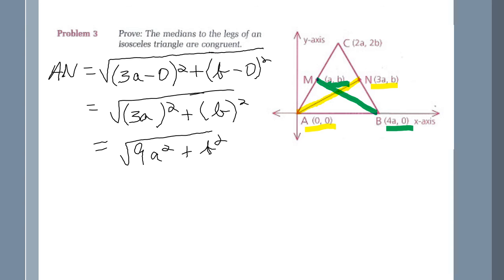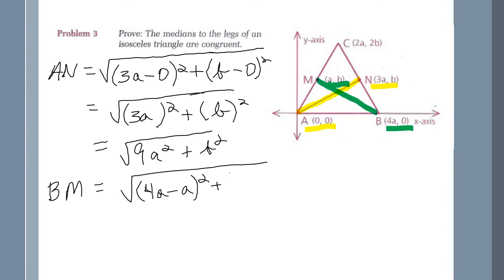Now we're going to do the length of BM. And so I'm going to take 4a minus a squared plus, we're going to do b minus 0 squared.